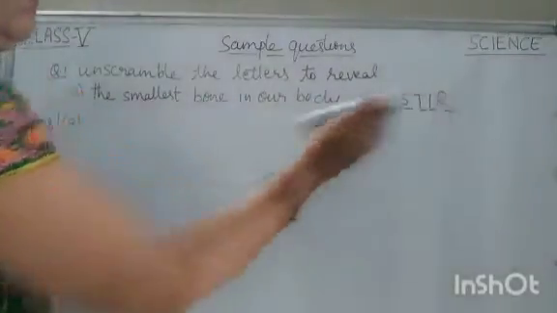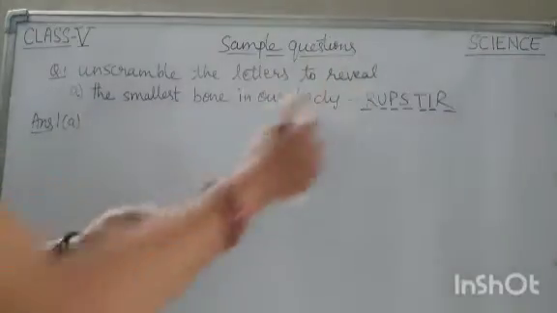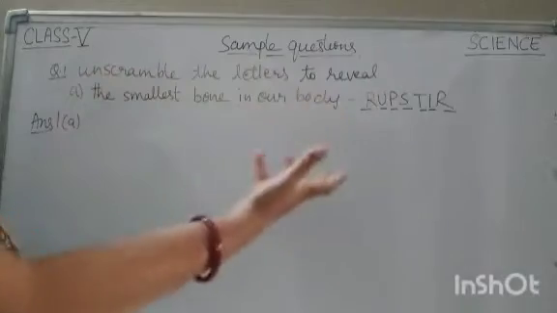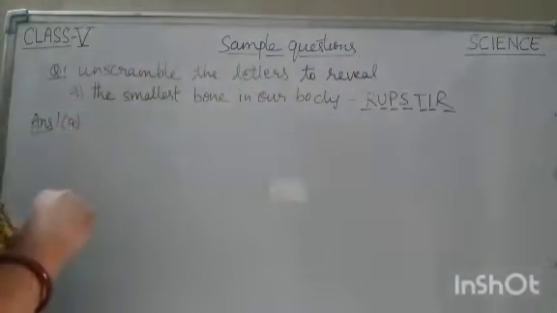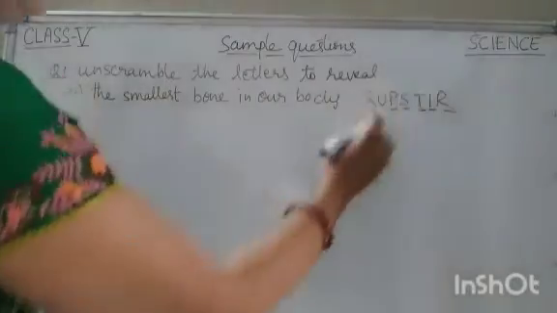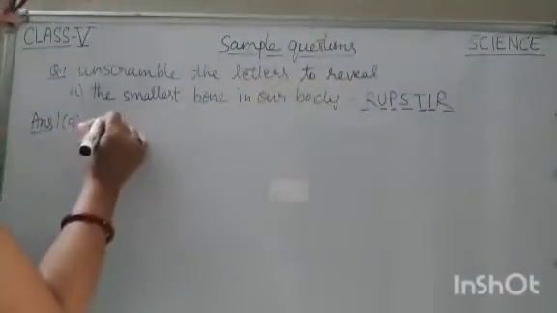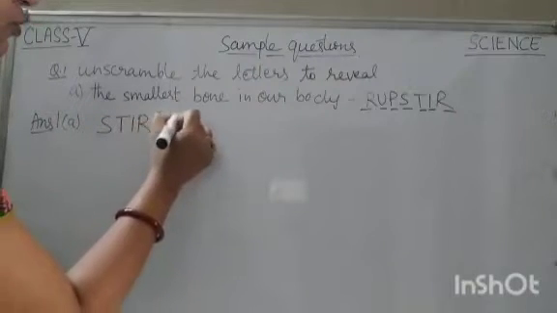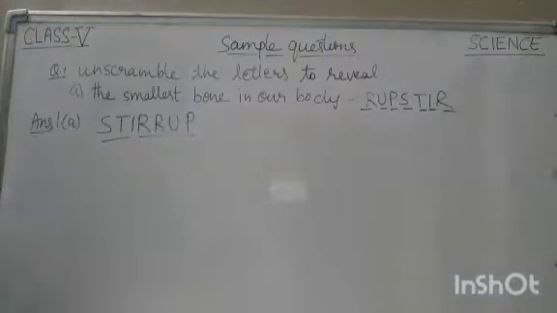Some letters will be there and you have to keep them in a proper position so that you can get a meaningful word. Like in this question, the smallest bone in our body. Okay, so we will unscramble these, then we will get STIRRUP, stirrup. This is the smallest bone in our body.